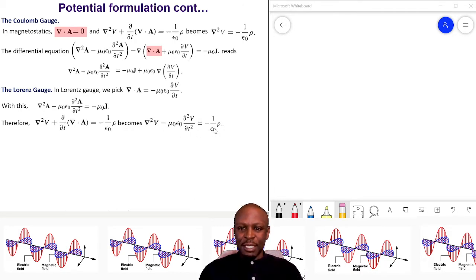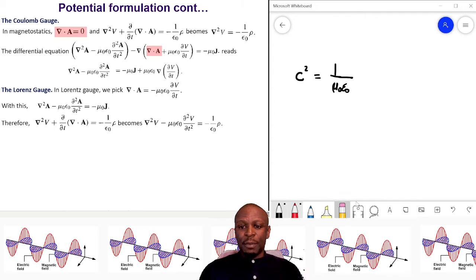And as you can see, this equation looks like the wave equation, the second order wave equation, where this term can be related to the speed of light. As you still remember, the speed of light is just given as 1 over the square root of mu naught epsilon naught. So that is your speed of light.